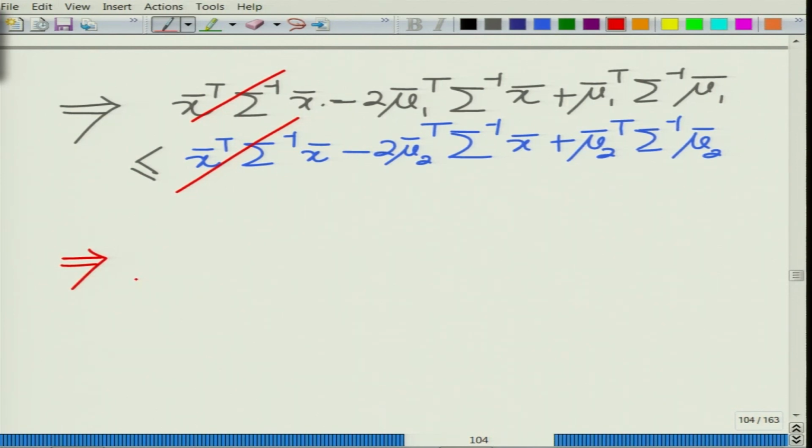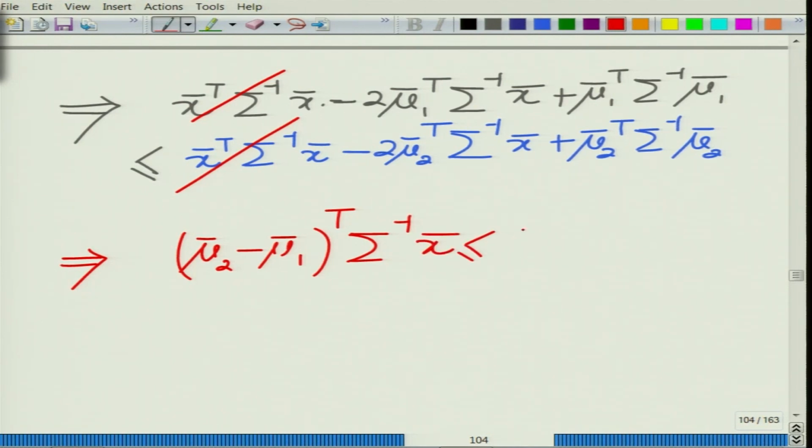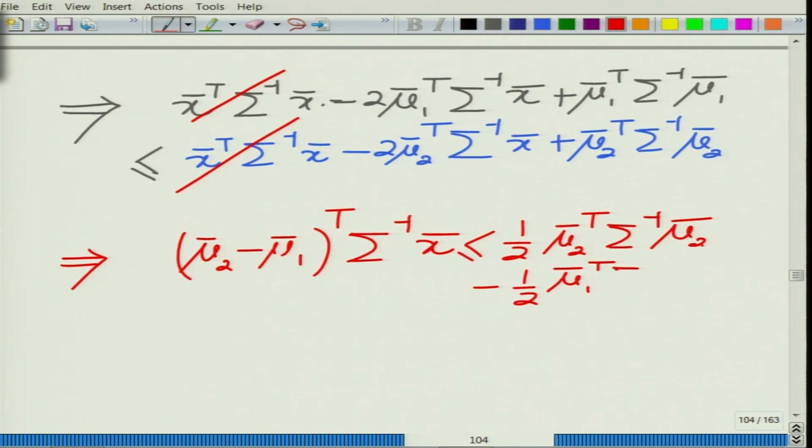Now if you simplify it, you bring this to the right, which implies (mu 2 bar minus mu 1 bar) transpose sigma inverse x bar is less than or equal to half mu 2 bar transpose sigma inverse mu 2 bar minus half mu 1 bar transpose sigma inverse mu 1 bar.